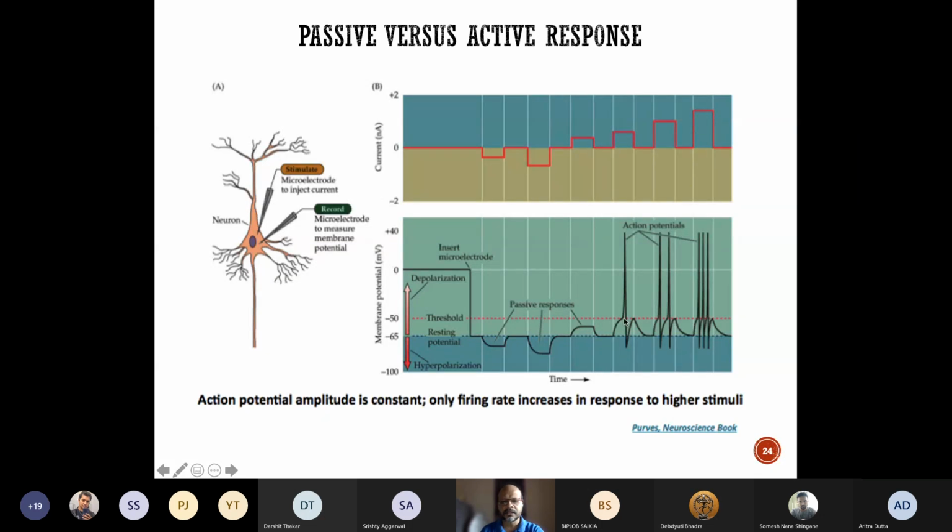If you reach a particular threshold, suddenly the potential just spikes up, zoop, like that. And then immediately afterward, it comes back. This is a very non-linear sort of behavior that you just cannot explain using the math that I was talking about. There's something really magical that has happened. This is called an action potential.